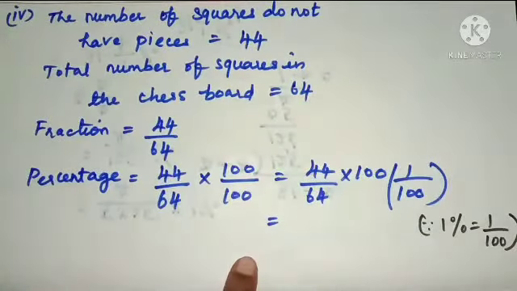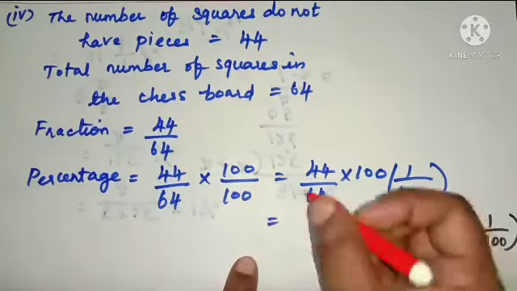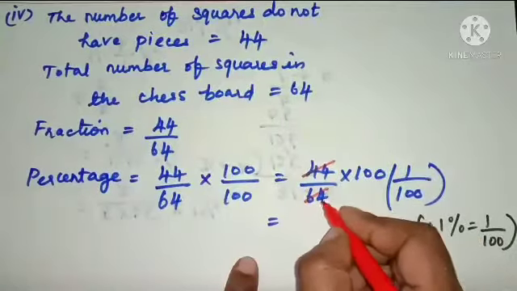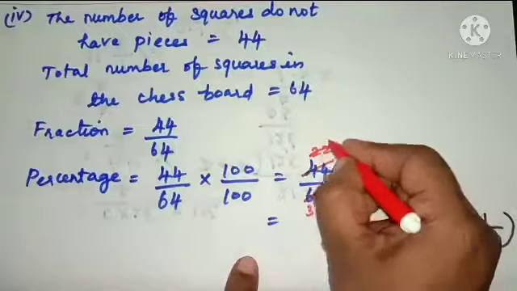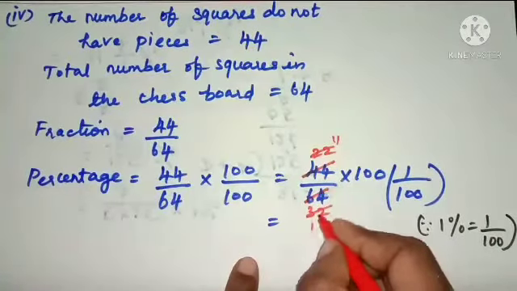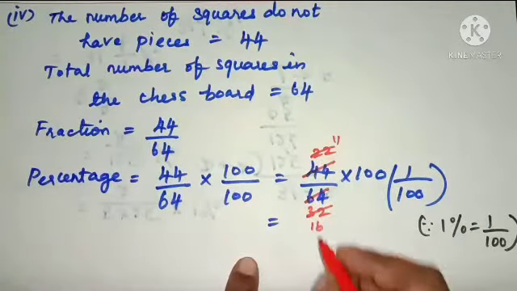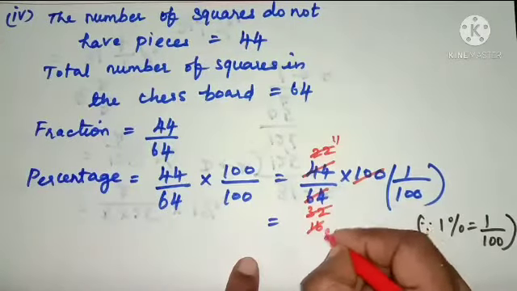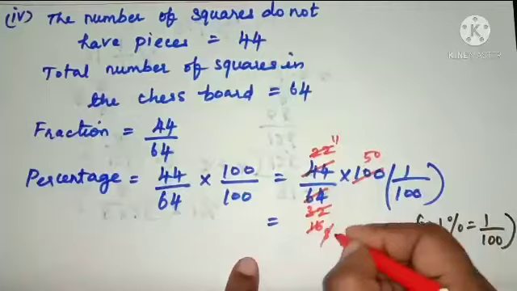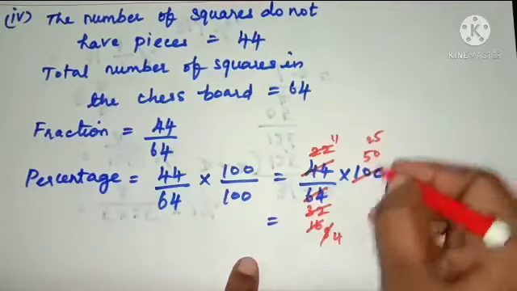Now, when we cancel, we get these values by using 2 table. 22, here it is 32. And again 11, here it is 16. So when we cancel 16 and 100, we get 50, again 25.